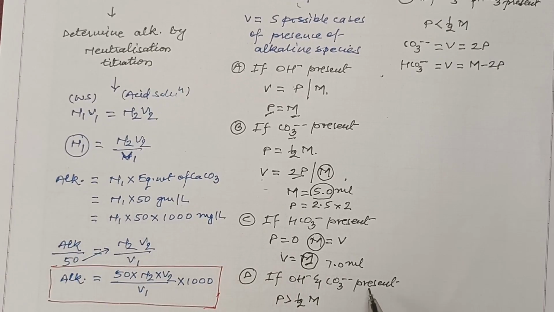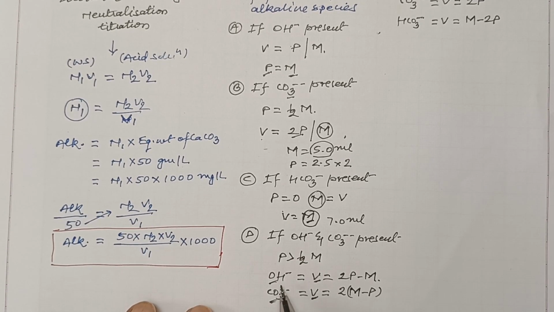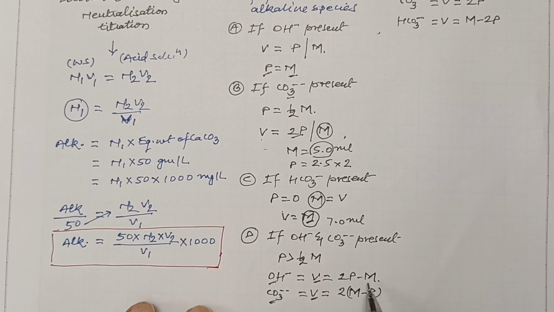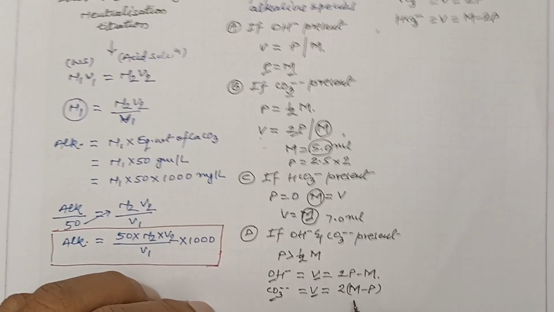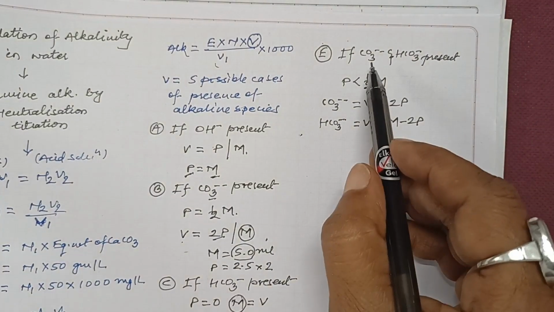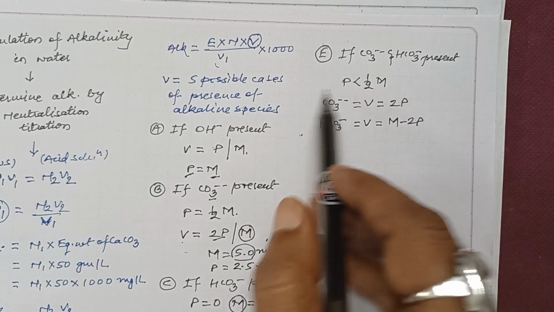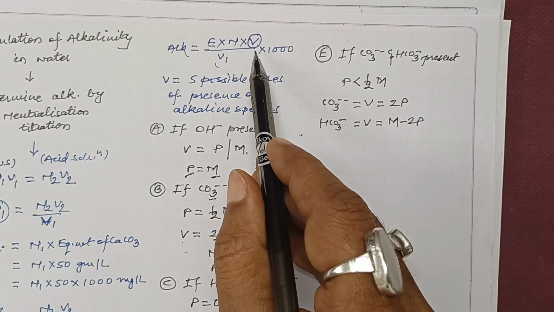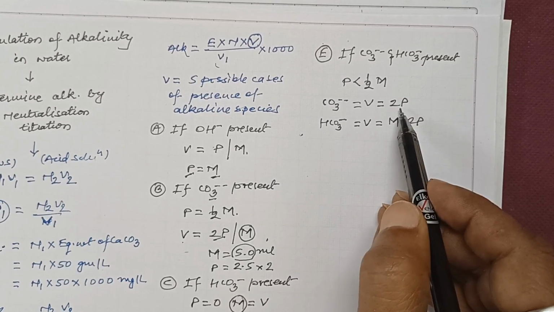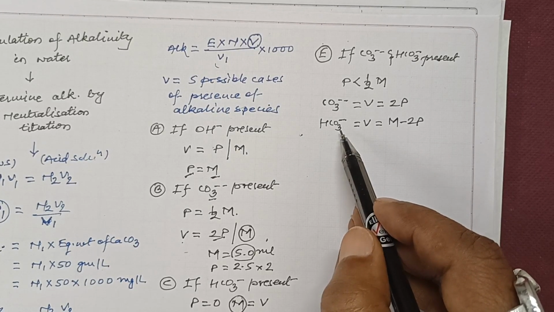So in such a particular condition, for putting the value of V for OH ion, the value should be 2P minus M, and for calculating the carbonate ion, the value should be 2 into M minus P. And if the carbonate ion and bicarbonate ion both are present simultaneously, in such a case, the volume of acid V should be taken 2P for calculating the carbonate ion and M minus 2P for calculating the bicarbonate ion.